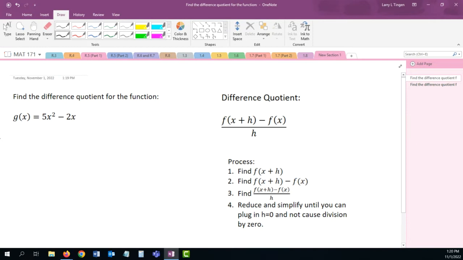That's okay. The process behind this: first step is I'm going to find g of x plus h. Whatever the title of your function is, that's the title that you're swapping out. g of x plus h literally means everywhere there's an x, swap it out with x plus h.